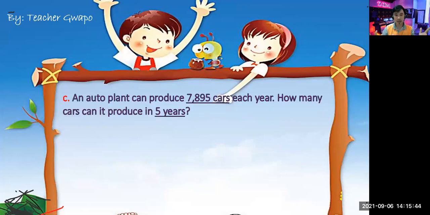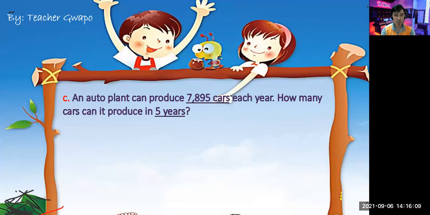Okay. Now here in letter C, this is the story. An auto plant is a company where they are producing cars, okay? Like Toyota, Honda, Mitsubishi, Isuzu, BMW, Mercedes-Benz, sports cars.